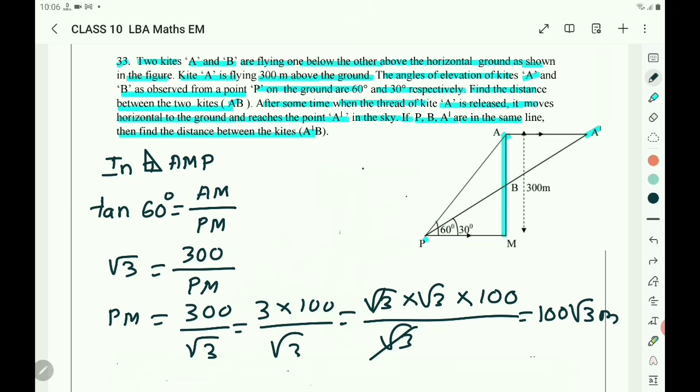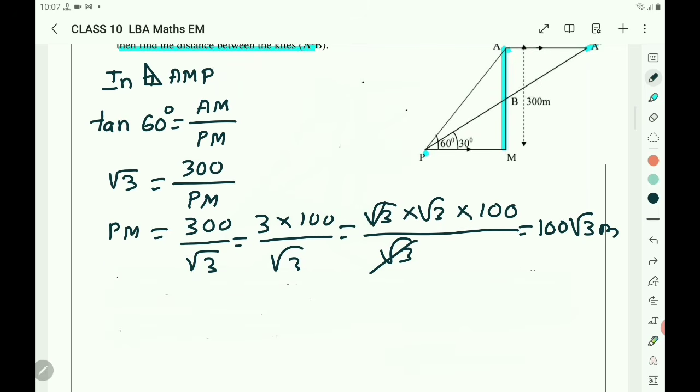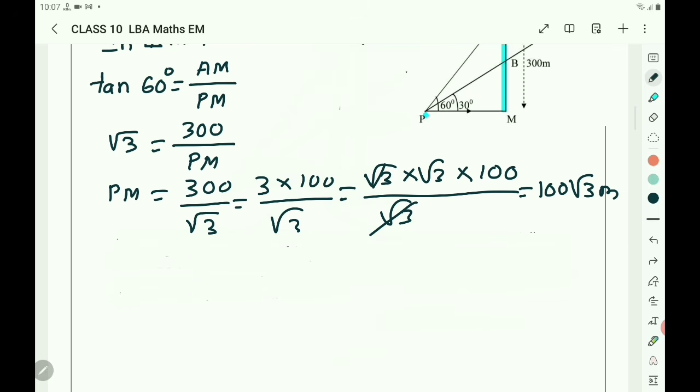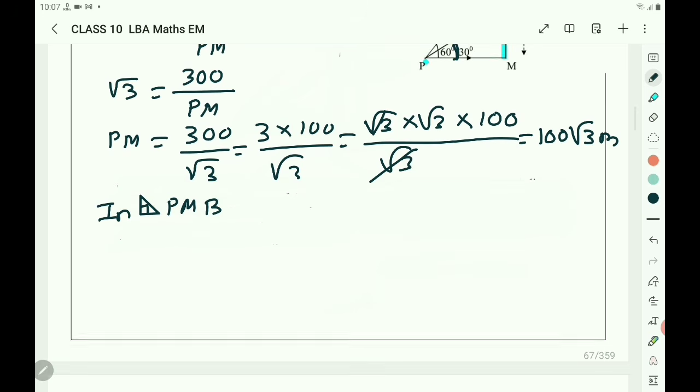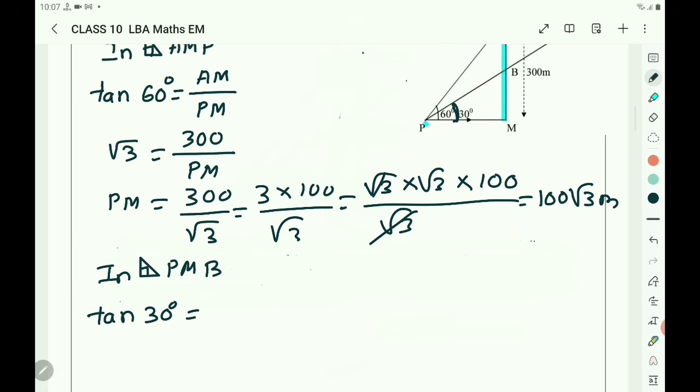Then you write the name of the triangle. In the right angle triangle PMB, which angle we have to take? 30 degree. That is BPM. So write, tan 30 degree equals opposite side BM by adjacent side PM.